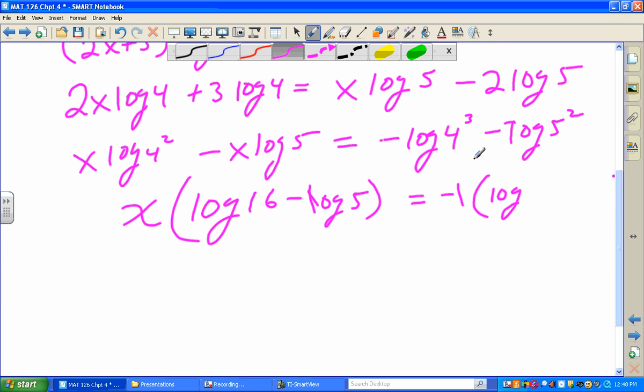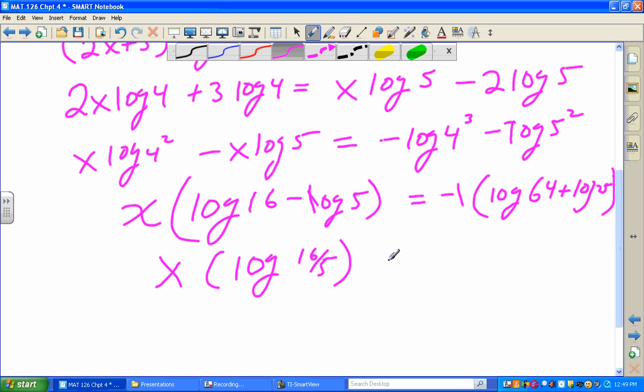Log of 4 cubed, 64, isn't it? 5 squared is 25, plus log of 25. Well, no. X times log of 16 fifths equals negative 1 times the log of, I don't know, 64 times 25.